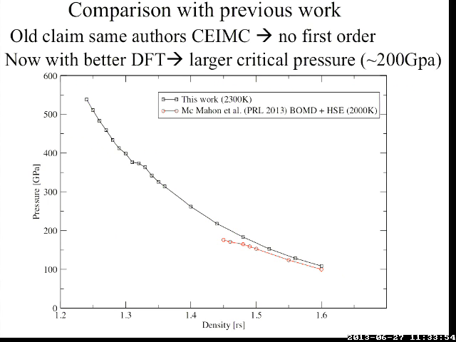But then they withdrew their claim, and in a recent paper they say that using DFT, not quantum Monte Carlo, but somehow better, they get a first order transition around 200 gigapascal. Instead we judge that it is about twice that, quite a substantial difference.